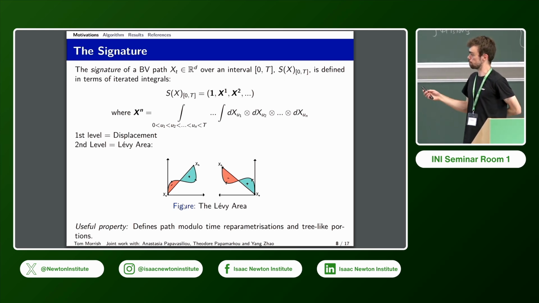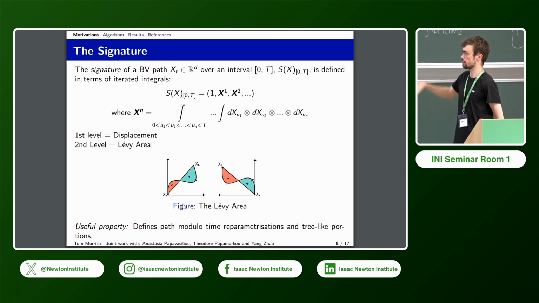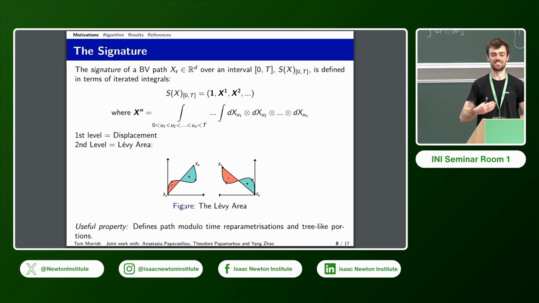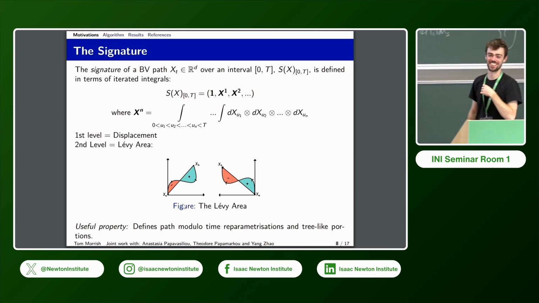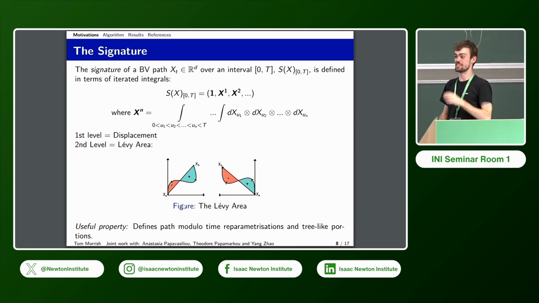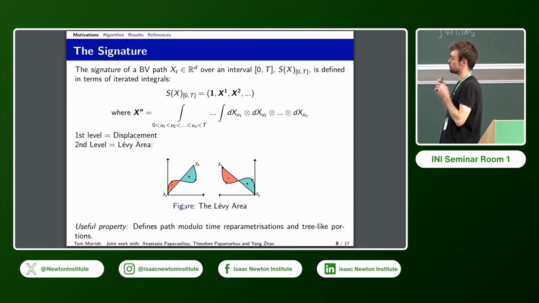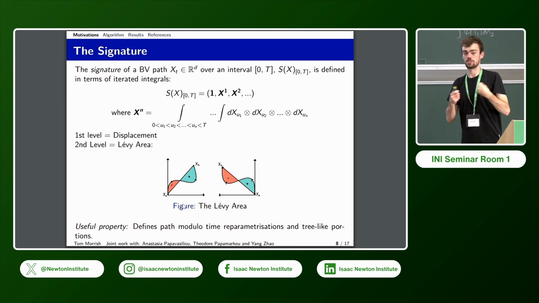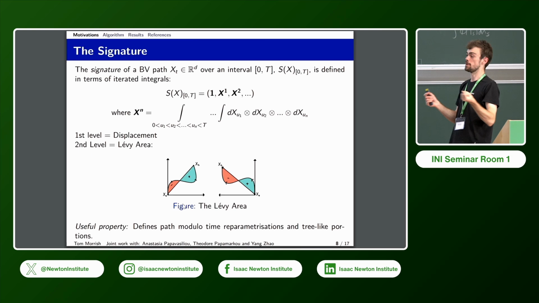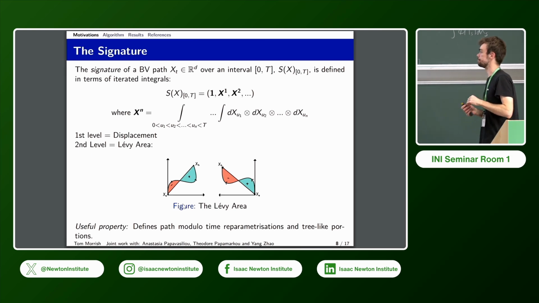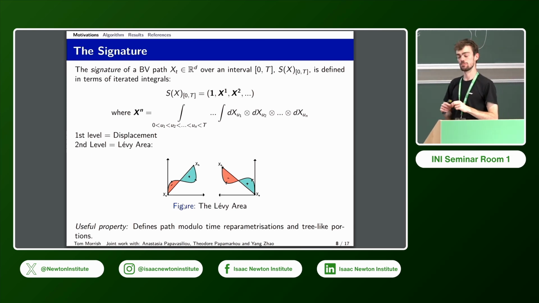If you go on to further levels, you start to capture more and more iterated areas that summarize different parts of the path. The useful property of this, thanks to Horatio and some others, is that this signature, this infinite tensor, uniquely defines the path that it summarizes up to time reparameterizations, if we speed up or slow down the path, and tree-like additions.